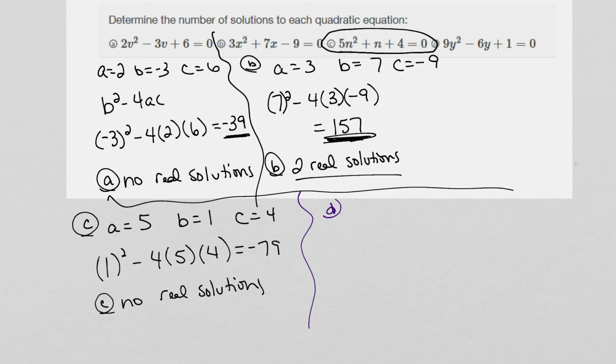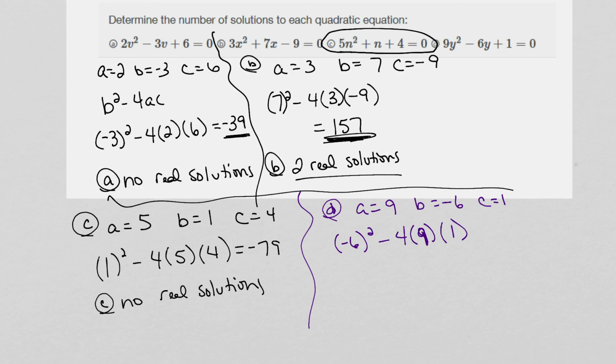All right, let's do part D. I'm getting tired of using black, so I'm going to use purple now. All right, so A is 9, B is -6, sorry, and C is 1. All right, so B squared minus 4AC, so -6 squared minus 4 times A, that's a 9, times C. All right, so on my calculator, it's super important how I type this in.